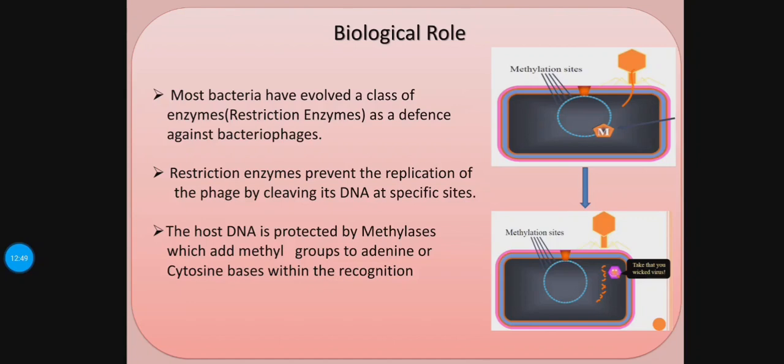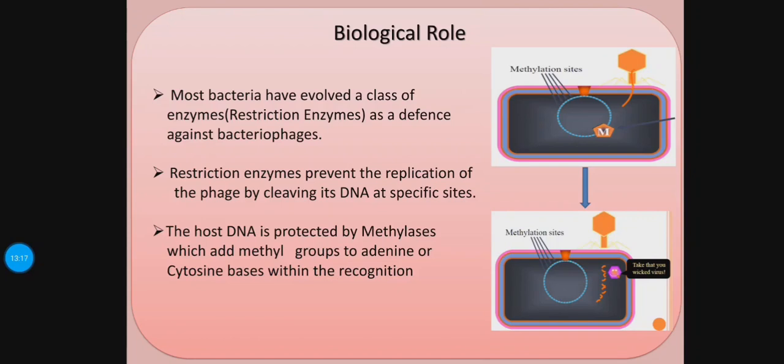But as I already said, the restriction enzyme's work is to cleave DNA at a specific recognition site, so there is also a chance of cutting its own bacterial DNA, as the bacterial chromosome is larger than the phage's and may have some recognition sites for the restriction enzyme.